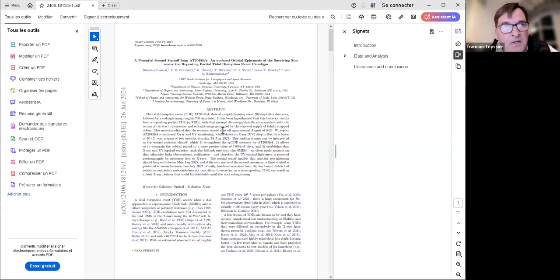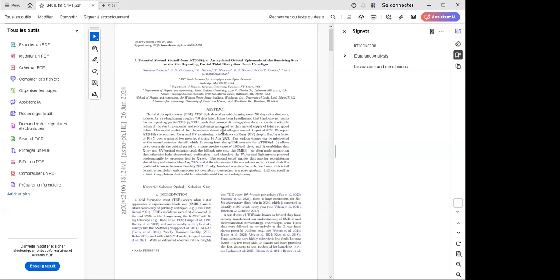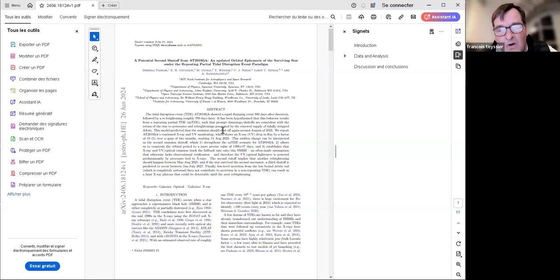They are using essentially photometry with Gaia filters, but also low and very low resolution spectroscopy. And it was about a special event, a partial tidal disruption, which has been observed a few years ago.